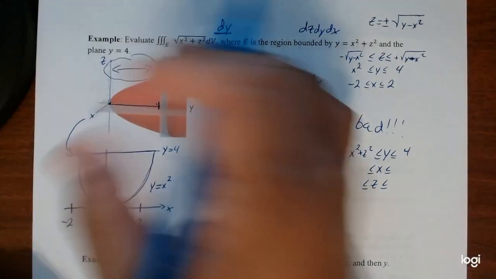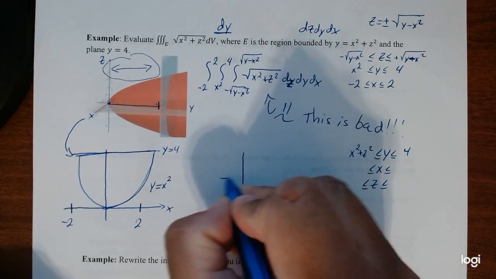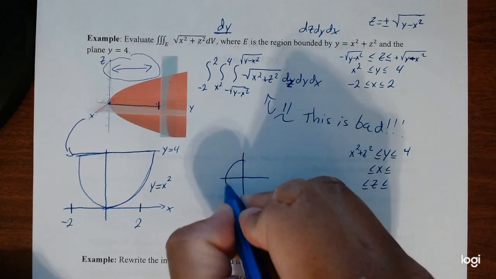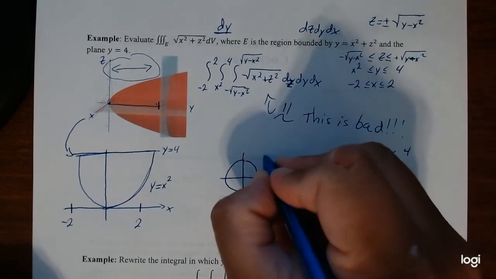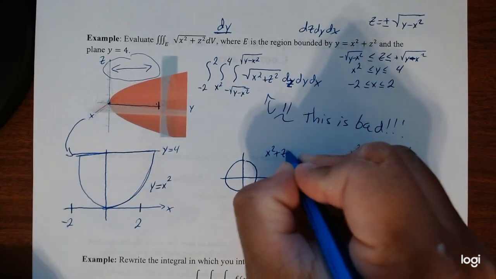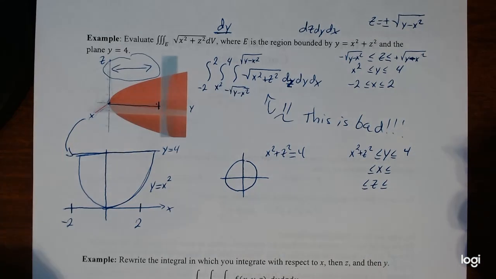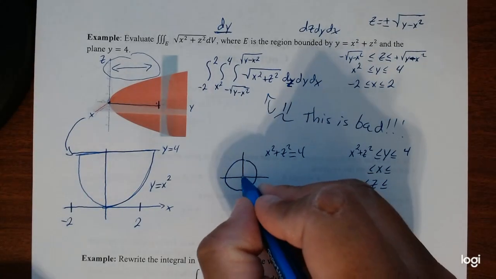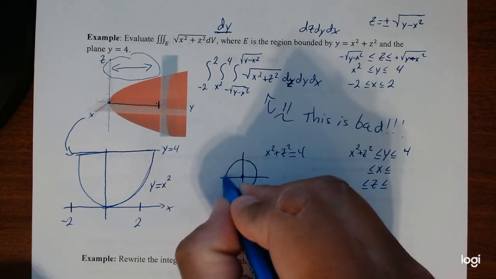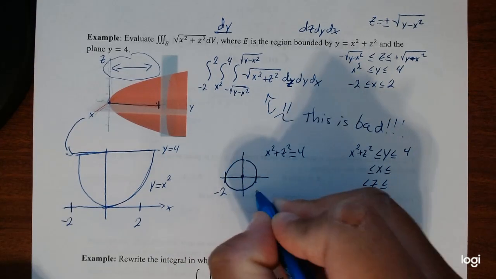Yeah, so if I project it, I get a circle. In fact, I just get that. Okay, so now remember, we want x on the outside. We'll just say that's easier, x out. So x goes from here to there. So same thing, from -2 to 2.